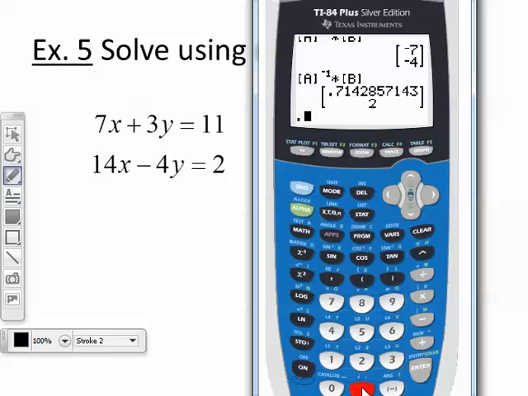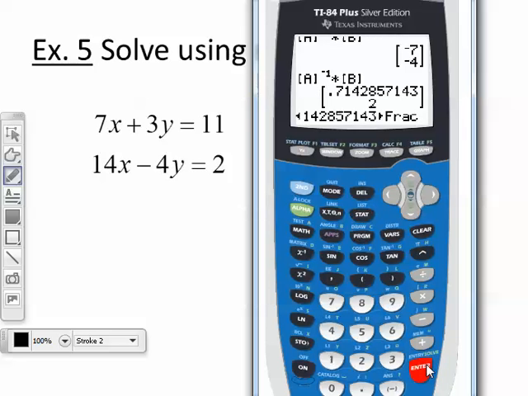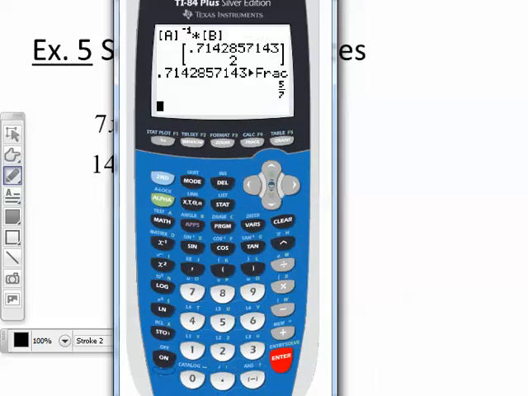Well, I want to make certain I know what that is. Let's see if that is actually a fraction that I can work with. It's 5 over 7. Hot dog, I found it as a fraction too.